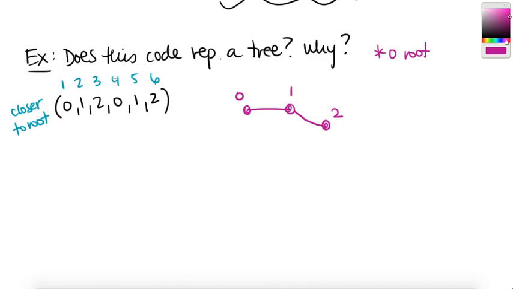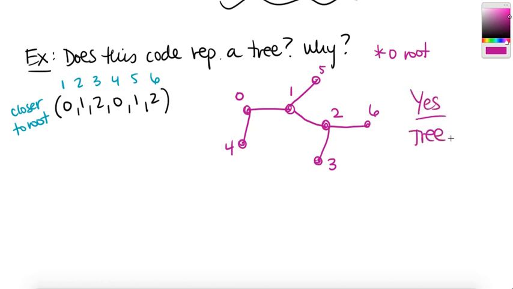This tells me I have an edge from 3 to 2. This tells me I have one from 4 to 0. This tells me I have one from 5 to 1. This tells me I have one from 6 to 2. So yes, we did get that it is a tree. We didn't run into any problems there.